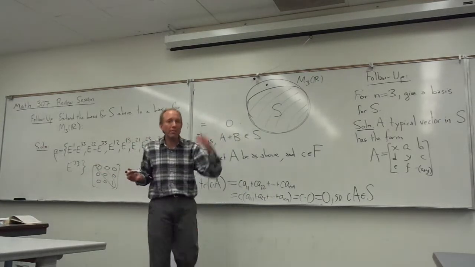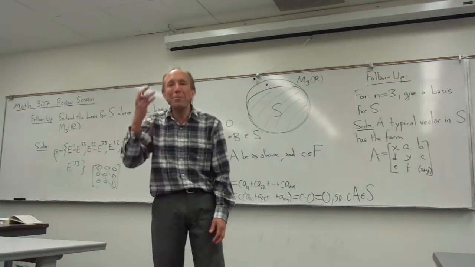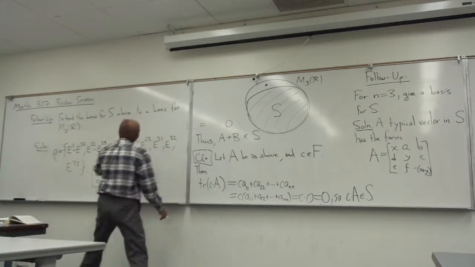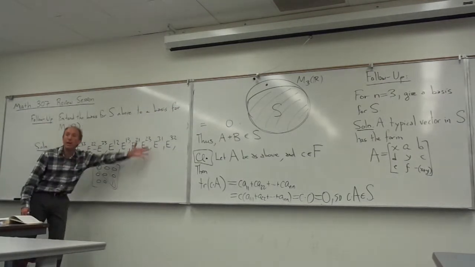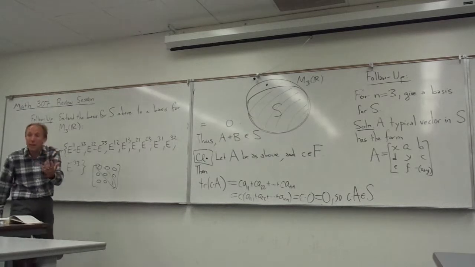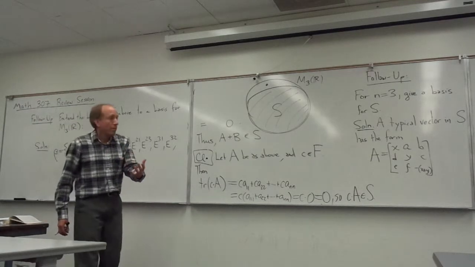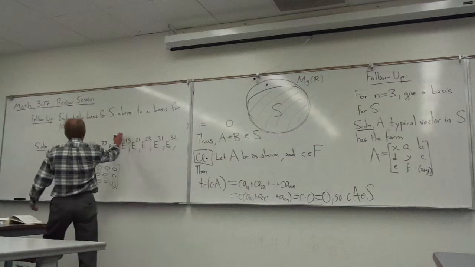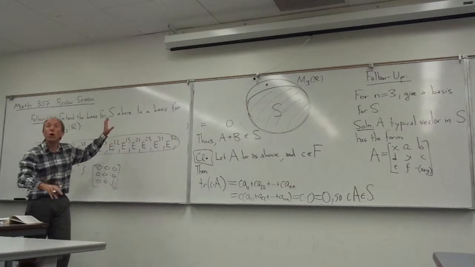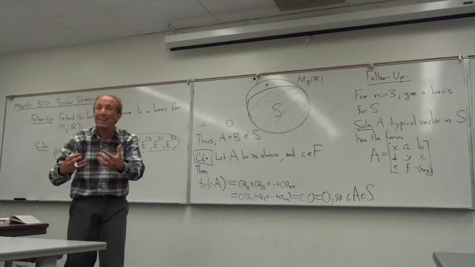You could probably pick a random matrix. Chances are it will work, right? As long as it's outside of the span of the other vectors, this is going to still maintain linear independence. So the first 8 vectors were already a basis for S, so they were already linearly independent.